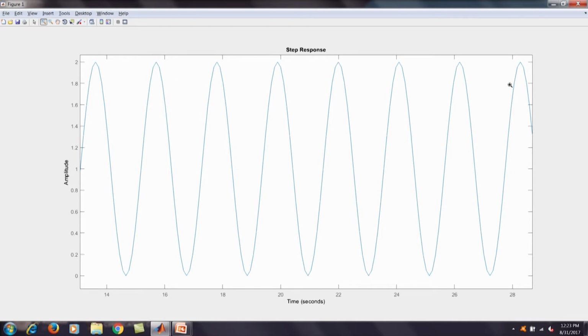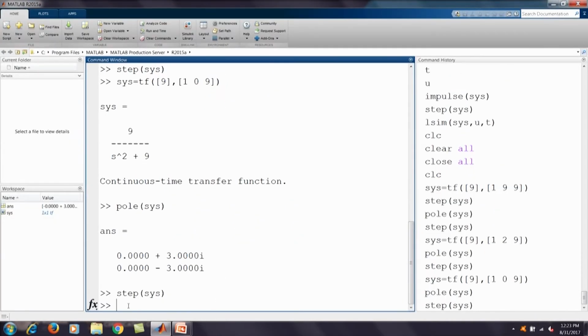So these are the oscillations because the poles are on the j omega axis. So here we find the s square plus 9 case.